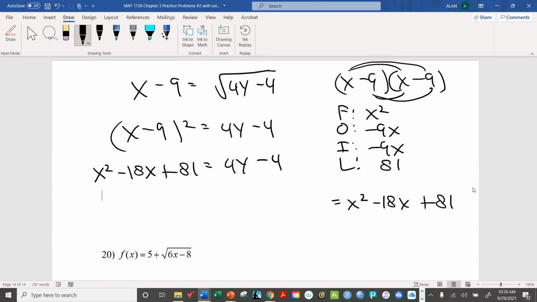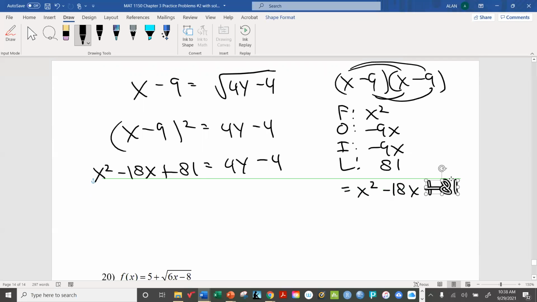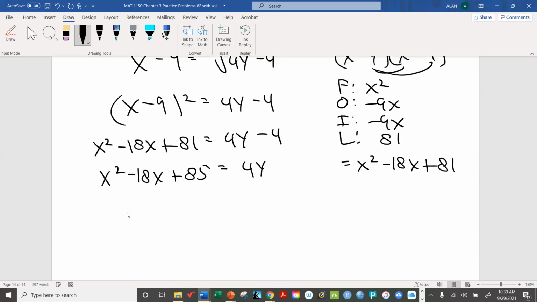And so, yeah, you can see it's a bit of a mess. But remember, ultimately, what we're trying to do is solve for y. So that won't be too bad. All right, so we'll subtract 81, add 4 to both sides, and then I'll divide by the 4.